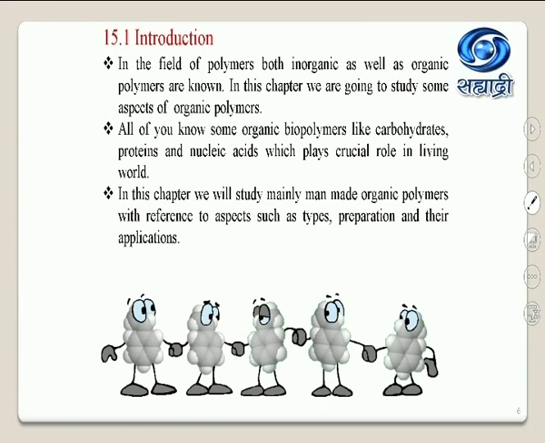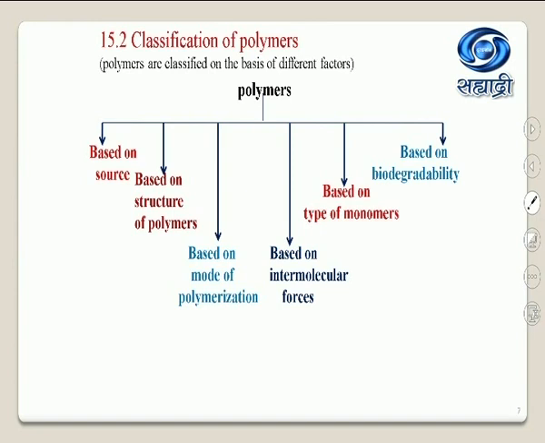All of you know some organic biopolymers like carbohydrates, proteins, nucleic acids, which play a crucial role in the living world. All these polymers you will study in the chapter on biomolecules. So in this chapter, you will study mainly man-made organic polymers with reference to aspects such as types, preparation and their applications. So let us start with the first classification of polymers.